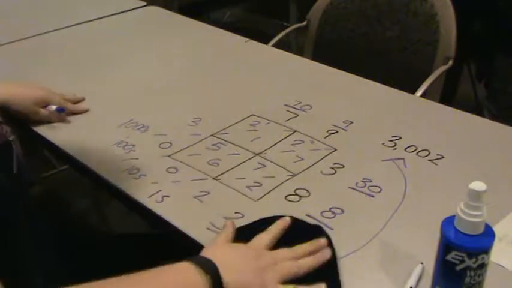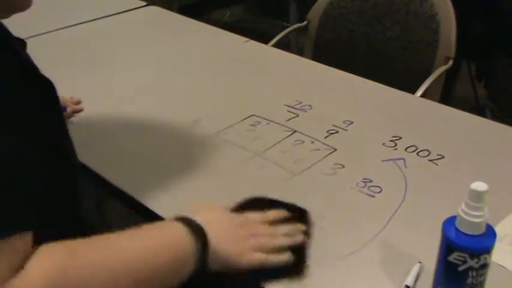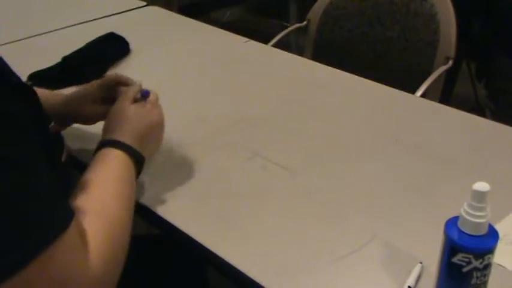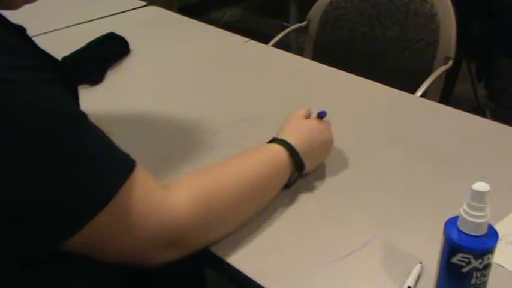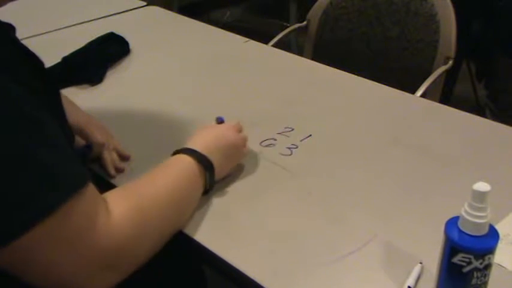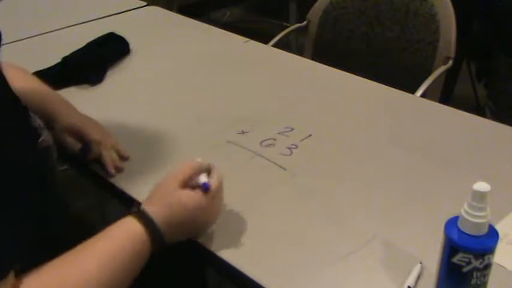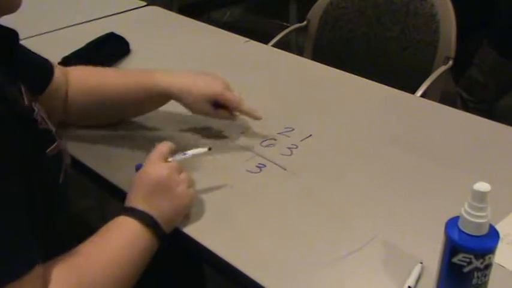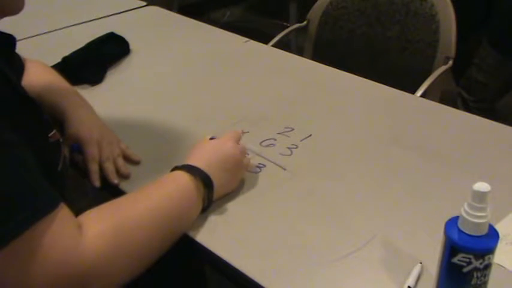So I'll show you another way to do it to make sure that we understand. So if we are going to do 21 and 63. The traditional way we've been doing it, so 3 times 1 is 3. 3 times 2 is 6.